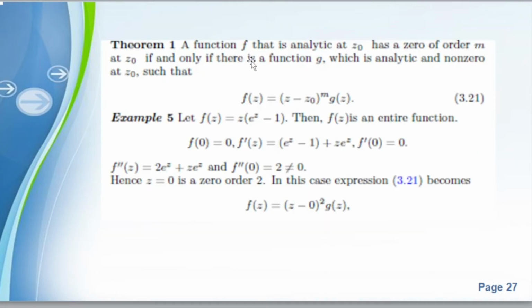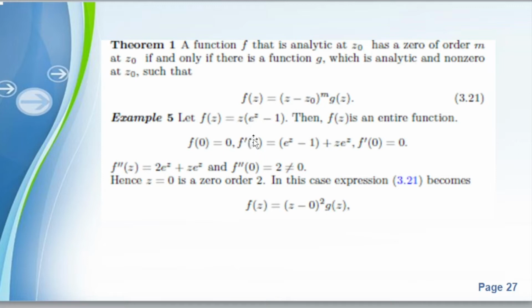A function f that is analytic at z0 has a zero of order m at z0 if f(z) is equal to (z minus z0) raised to m into g(z), where g(z) is not equal to 0 and is analytic also. Example: let f(z) be equal to z into e raised to z minus 1.